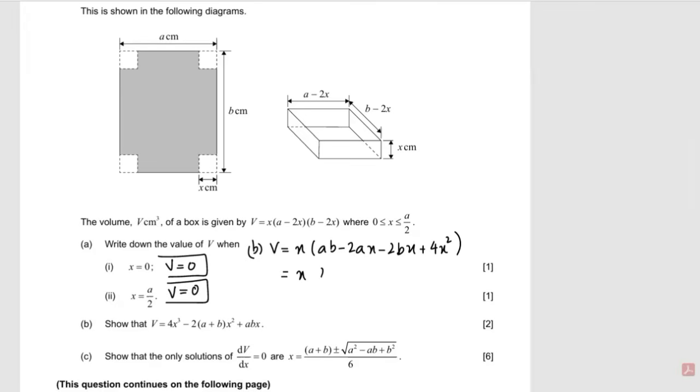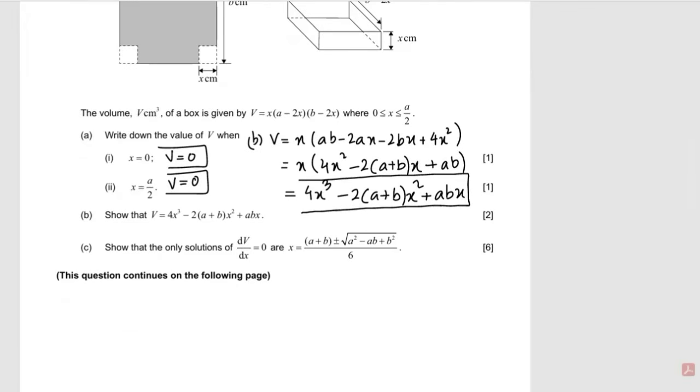So let's rewrite it: 4X squared and factor out the 2, write A plus B and write X in the end. I'm just trying to copy the thing they're trying to show. Plus AB. And now expand again: 4X cubed minus 2(A plus B)X squared plus ABX. This is the result.